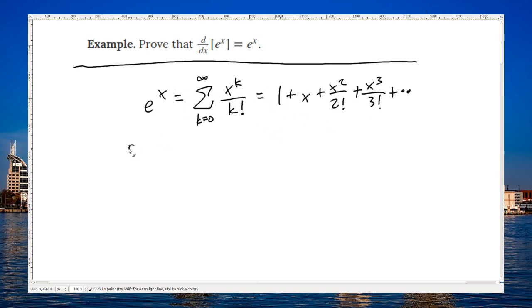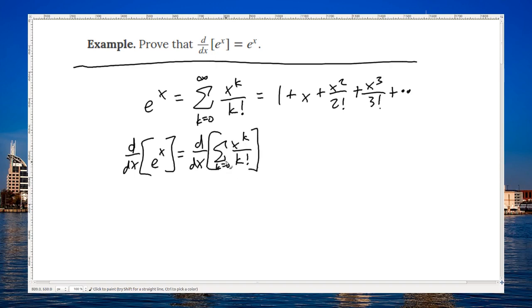If we're allowed to assume this, there's a really easy way to prove this. What we'll use is this property of convergent power series called term-by-term differentiation. Basically, what it says is that if you want to take the derivative of a power series, you can just do it term by term.